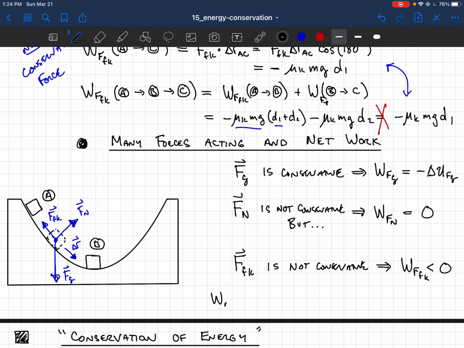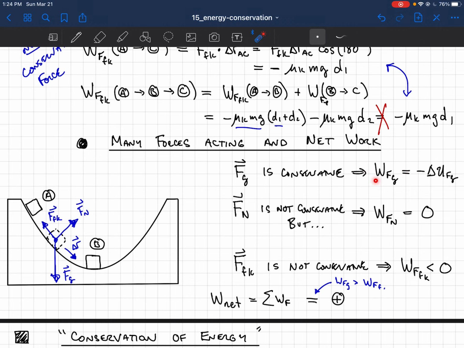If we added all of those up, then the net work, which remember is the sum of the works done by each force, could be something maybe positive here if the work by the force of gravity is greater than the work by the force of friction.